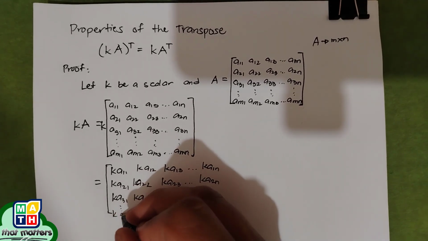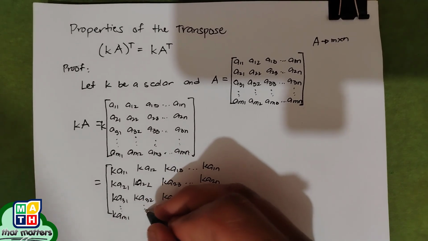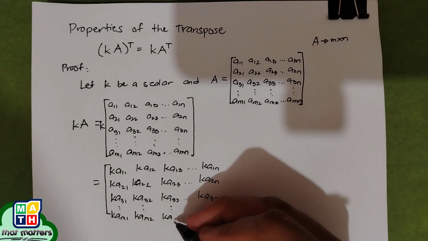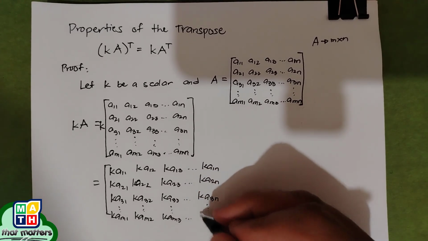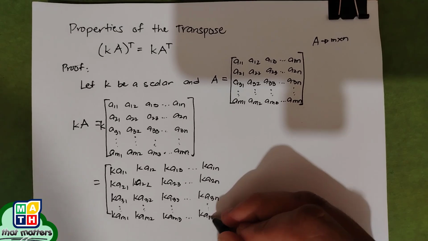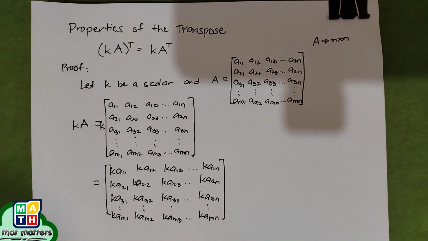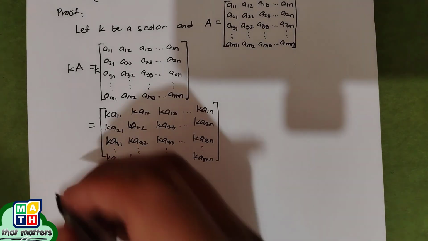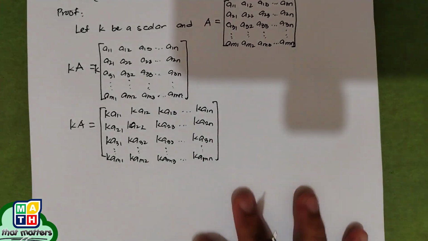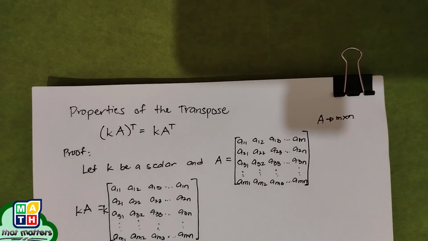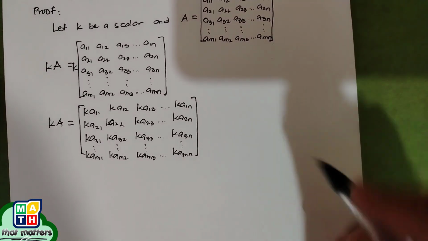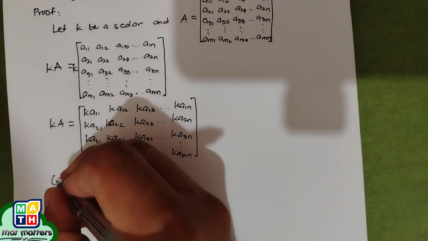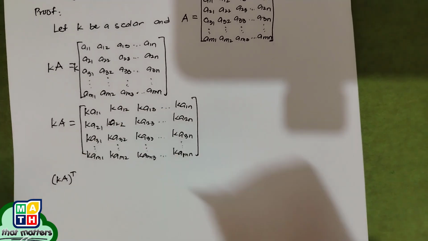And here you have kam1, kam2, kam3 dot dot dot kamn. This is the result of multiplying scalar k to A. Now this is kA, but the left hand side is the transpose of this, so we need to show its transpose.